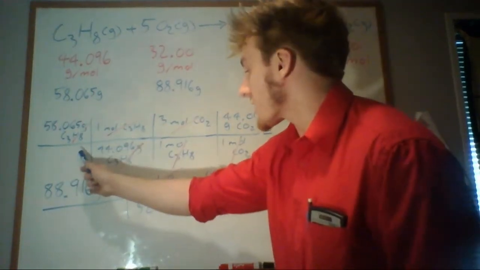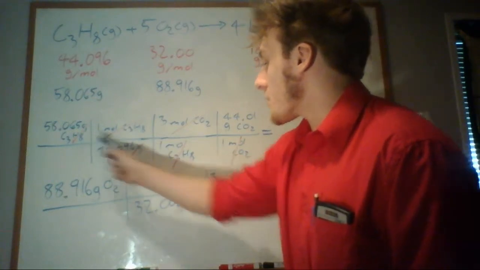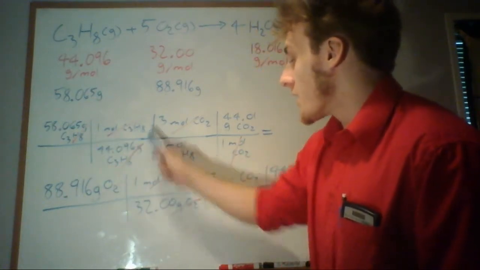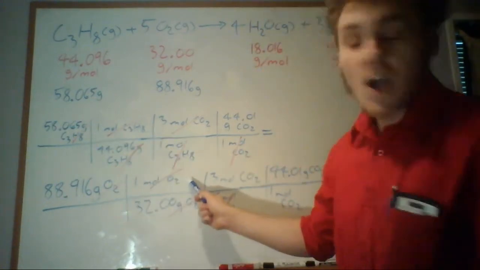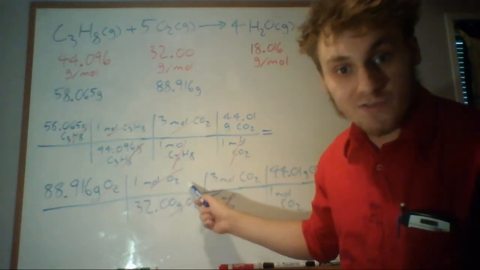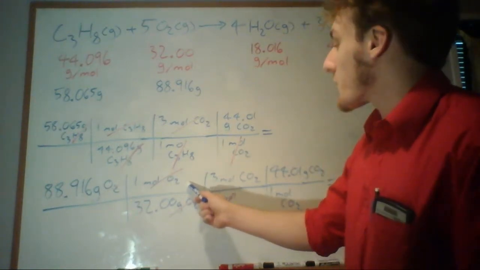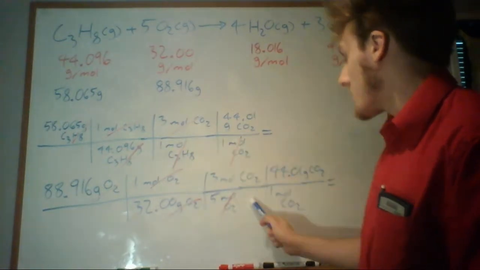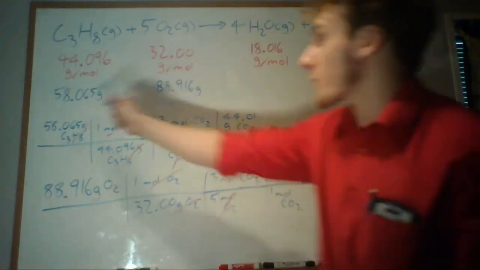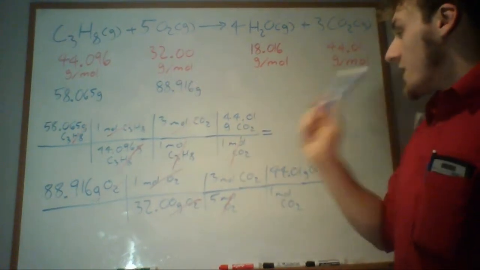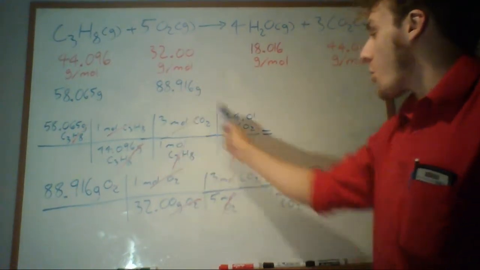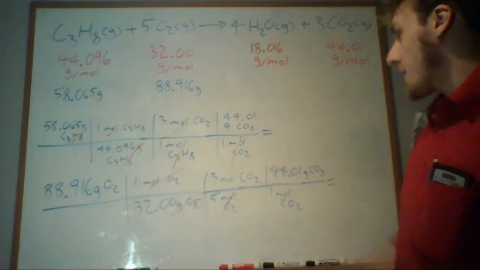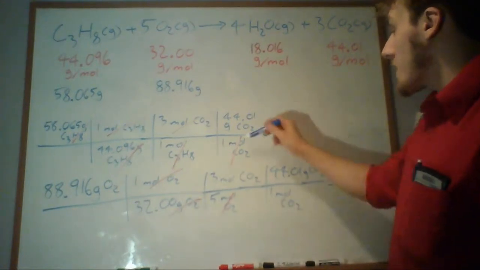Then we converted to moles of propane, or moles of oxygen, our other starting reagent. Next, we converted from moles of our reactant to moles of CO2, and did that for both of our reactants. And once we were in terms of moles of CO2, we went to grams of CO2.